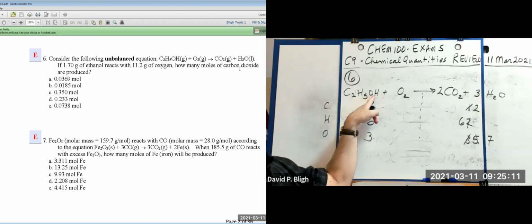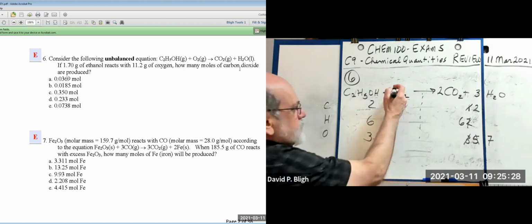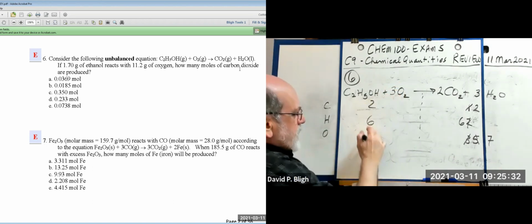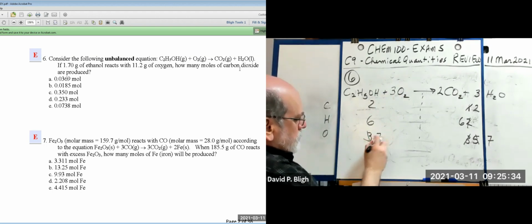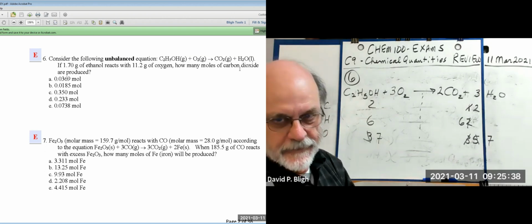We've already got 1 here. So we really only need 5 more. No, we need 6 more. So if we put a 3 here, that makes 6 plus 1 is 7. There we go. Now we're balanced.